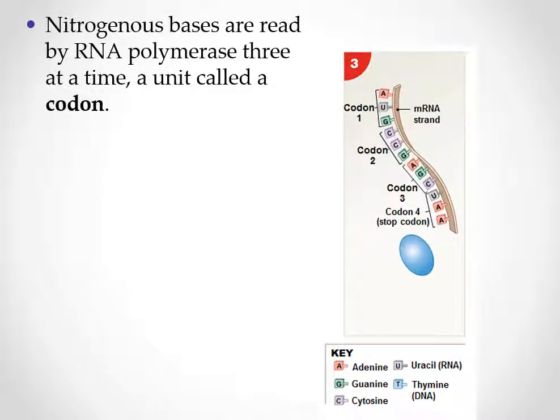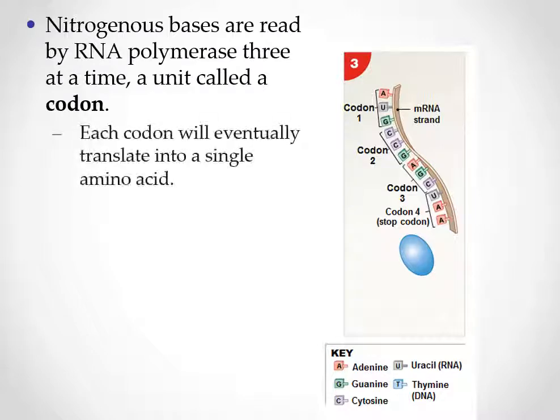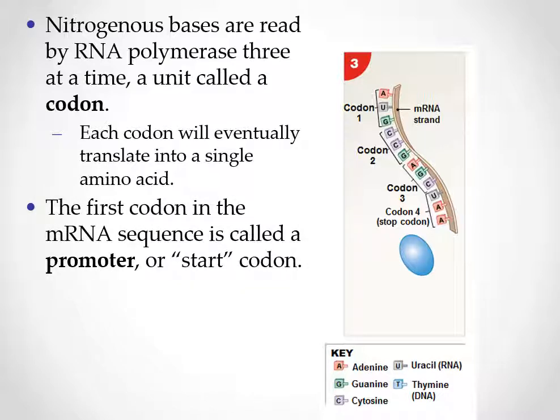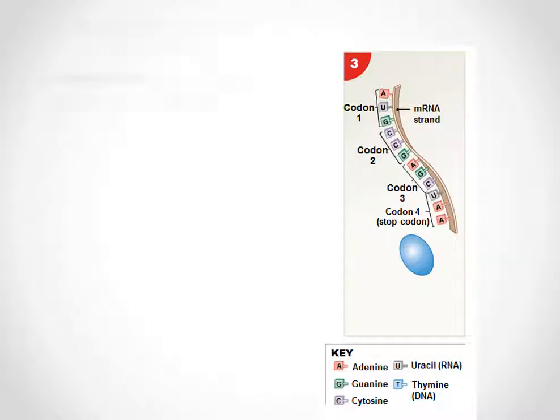The nitrogenous bases are read, just like DNA polymerase reads them. But what it reads is a unit called a codon. Each codon translates into one amino acid. The first codon, or the starter, is called a start codon. Sometimes we call this a promoter, and it is AUG.